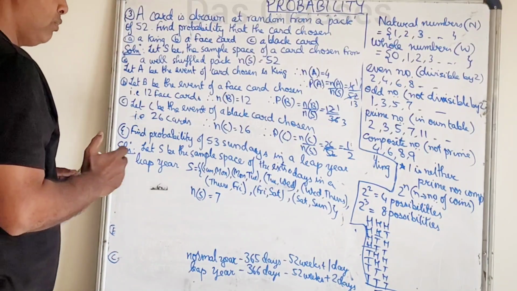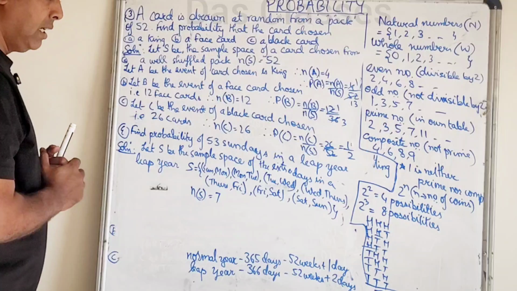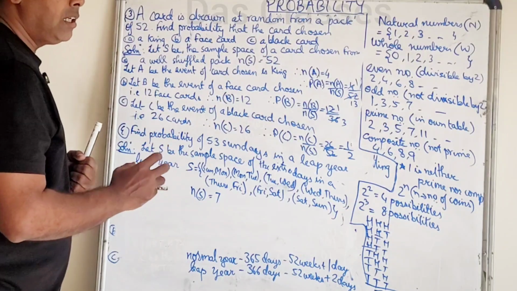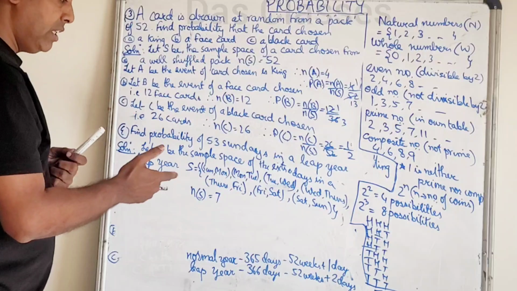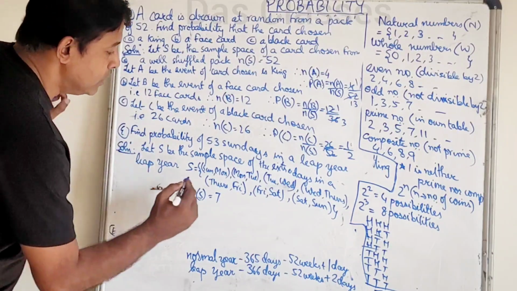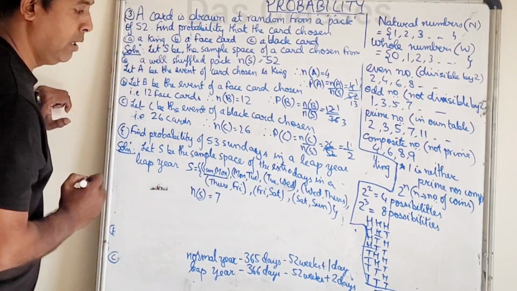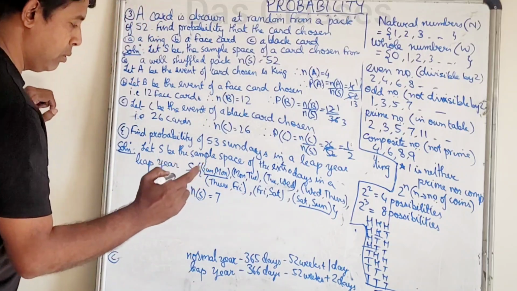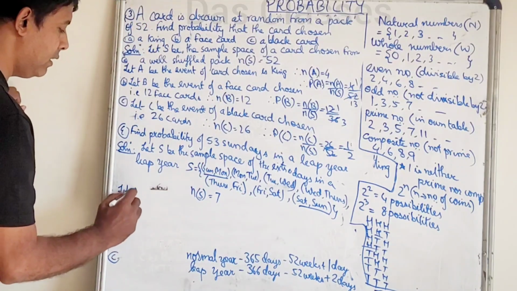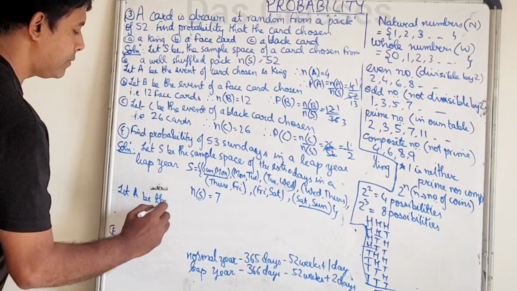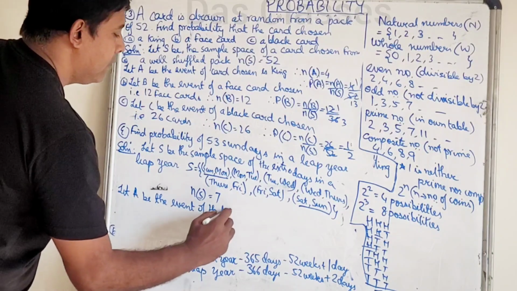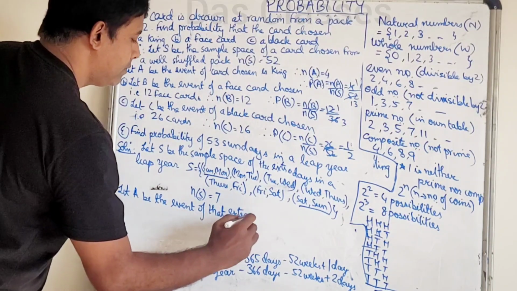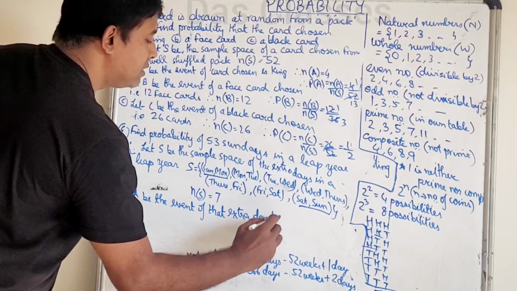Now they have asked us to find out the probability of 53 Sundays. Normally in a year there are 52 weeks, means 52 Sundays. But 53 Sundays means those 2 extra days should be Sunday and Monday, or Saturday and Sunday. So let A be the event of that extra day being a Sunday.